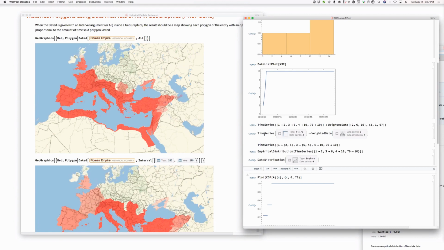All right, so what you're claiming is that this empirical distribution thing will more or less give us what we want here. So how does empirical distribution relate to the Roman Empire here? If I've got a time series of polygons for the Roman Empire, and I say empirical distribution of that, what on earth am I getting?